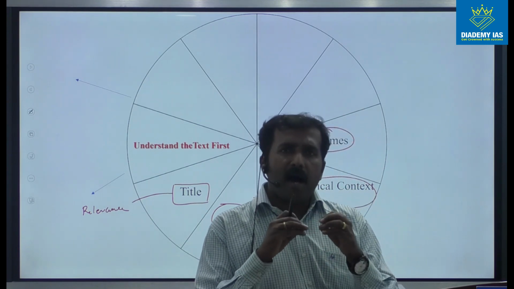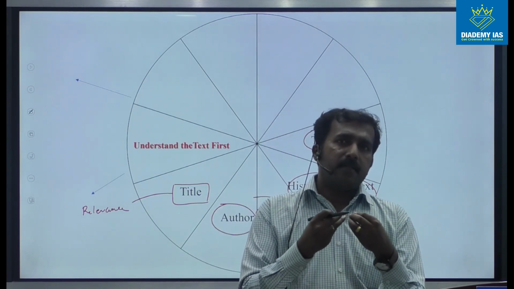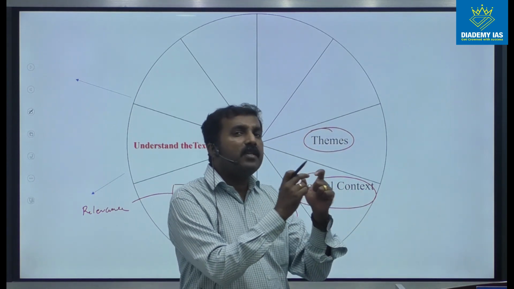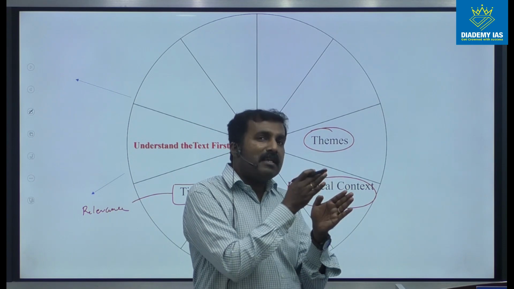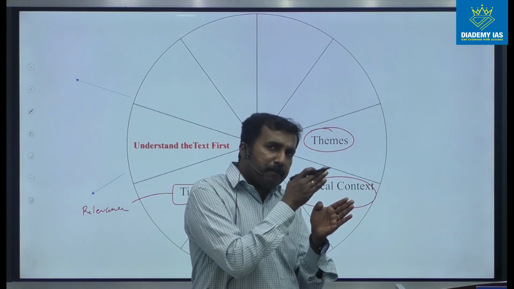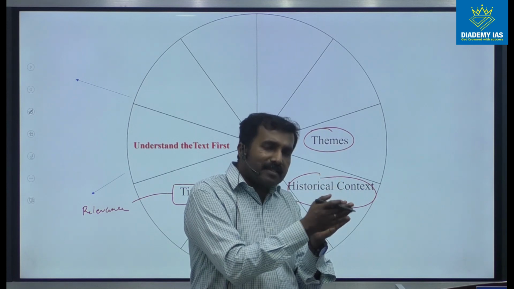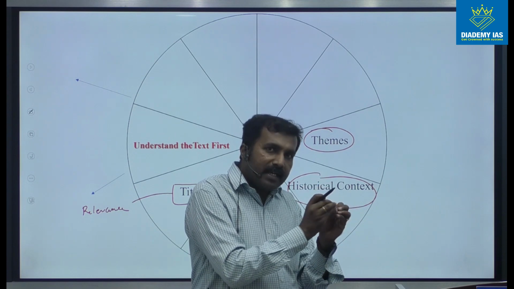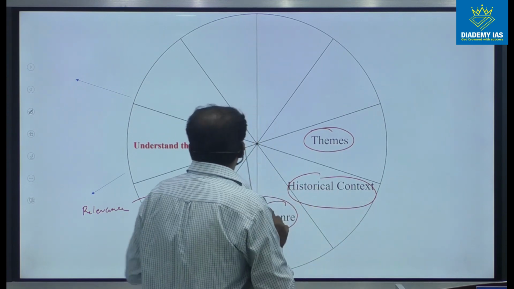So you have to analyze an English literary work from the perspective of theme, and how the themes played an important role in that particular literary work. Like that, you have to read and make notes.